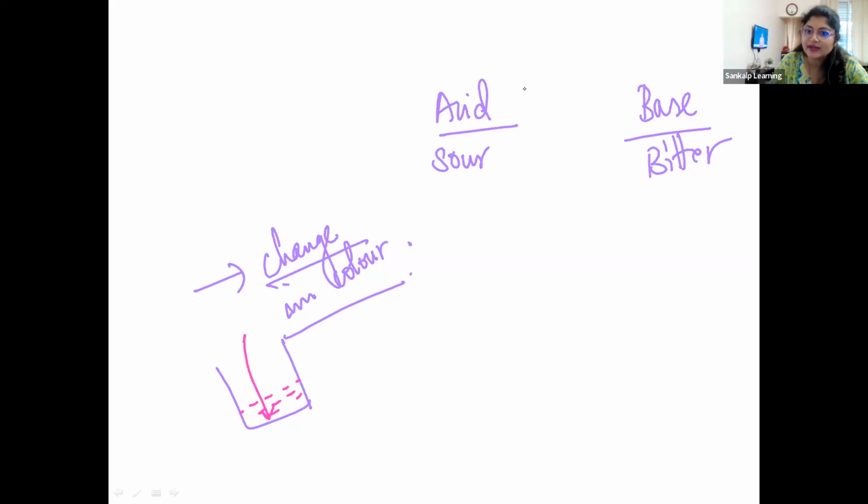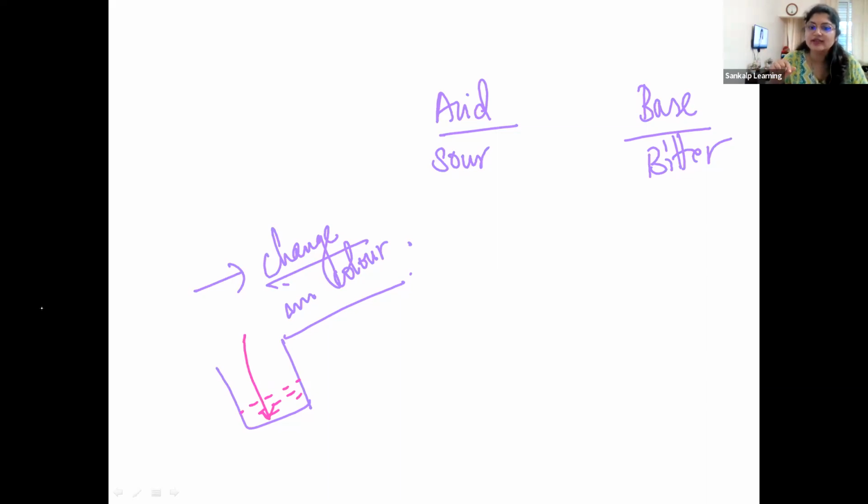Suppose I've taken a red litmus paper and dipped it in the solution.